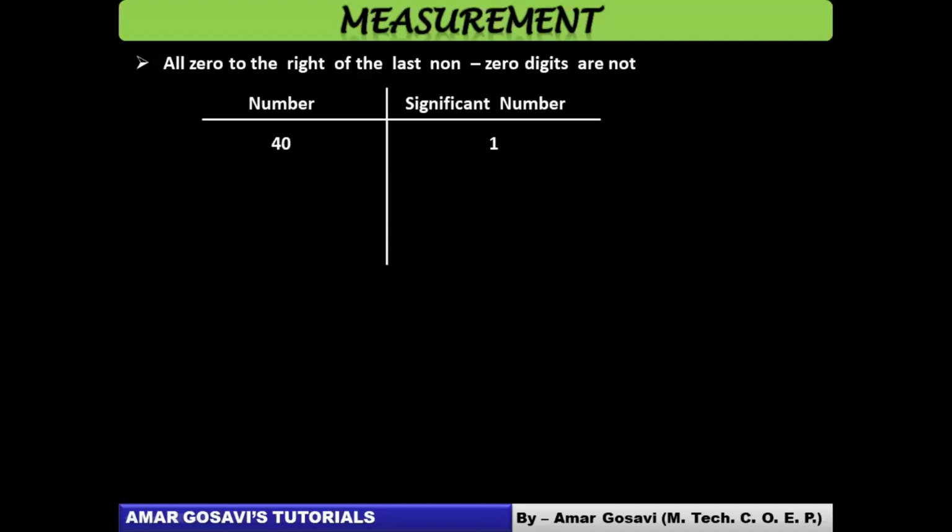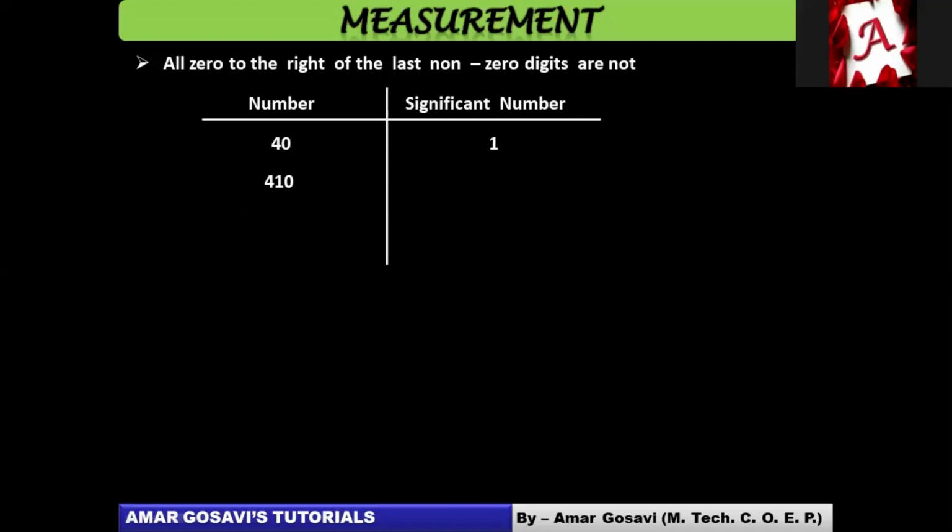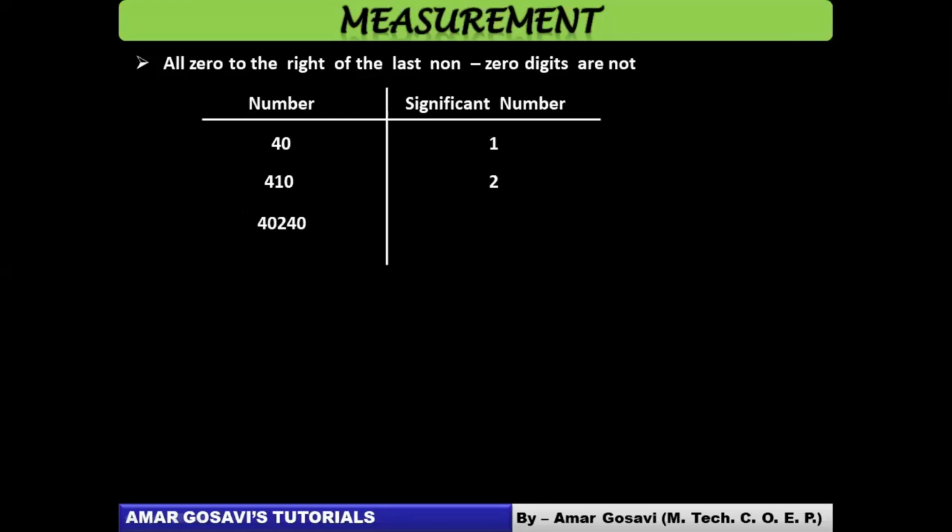Let's talk about another number, 410. How many significant figures would it be incorporating? Any one of you can unmute and speak. 2. Yes, 2 significant figures. Very nice. Now I place another complicated number.